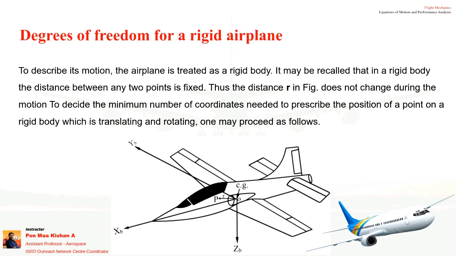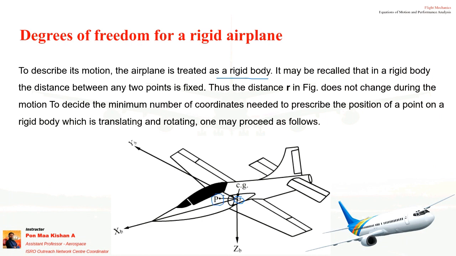The airplane is treated as a rigid body. Once again, if you see the image clearly, I will zoom in so that you can see it. In this, the origin is taken at the CG position, whereas point P is just a reference point we have taken.